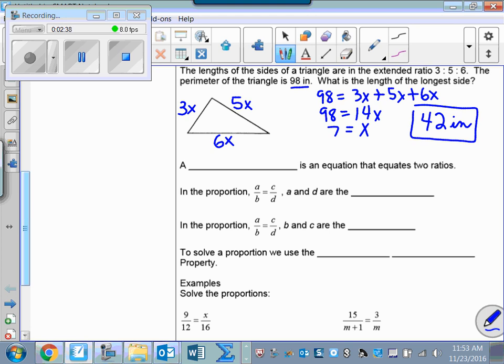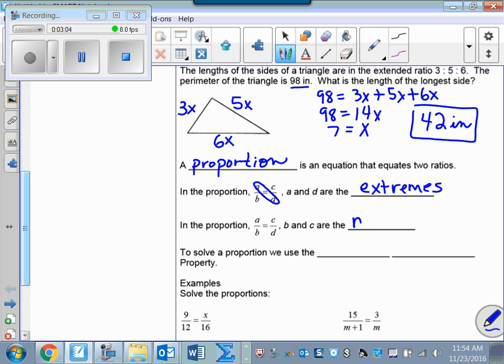All right, what if I have an equation with two ratios? I think we know that's called a proportion. And some terminology related to proportions. A and D are called the extremes. So these two right here, these are called the extremes.